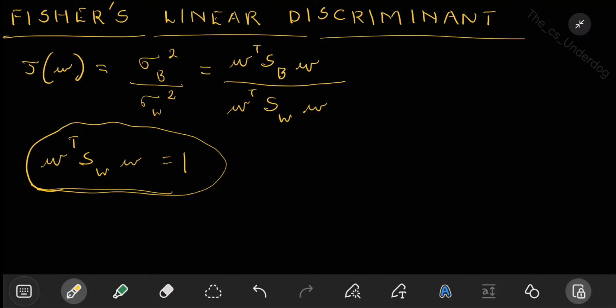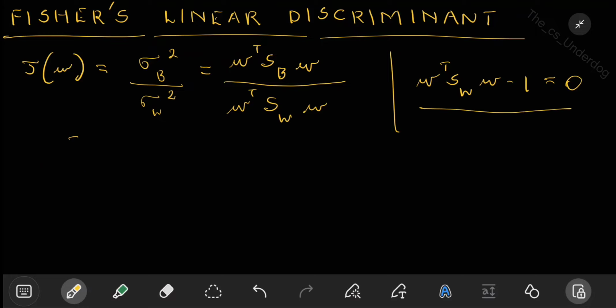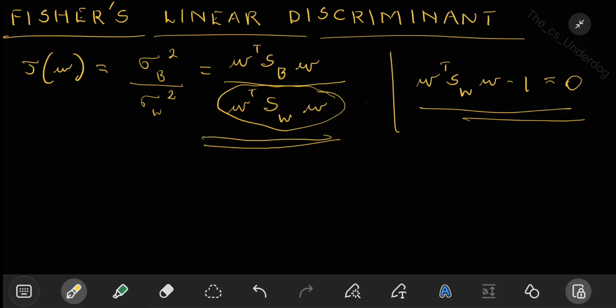So this W transpose SW W equal to 1 can be written as W transpose SW W minus 1 equal to 0. I just took this 1 to the LHS, okay? So this is my constraint, and under that constraint I have to maximize this thing. Here this denominator is now effectively 1, so it is not important now. What I'm trying to maximize is just the numerator, because the denominator is fixed as 1. So the numerator is W transpose SB W.